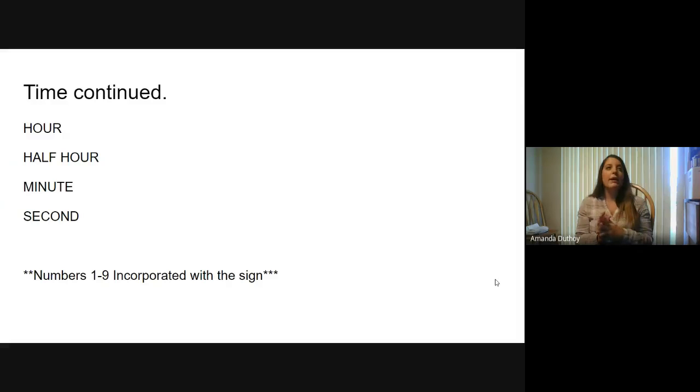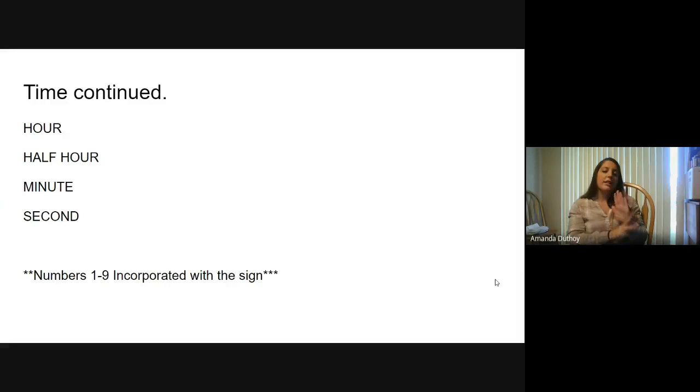Quickly, I want to go through this. When you're talking about how long you did things, was it for an hour? These are also incorporated, numbers 1 through 9. An hour goes all the way around the clock, right? It was 1 hour, it goes all the way around. Was it 2 hours, 3 hours, 4 hours, 5 hours? Think about this hand, your non-dominant hand, as a clock.